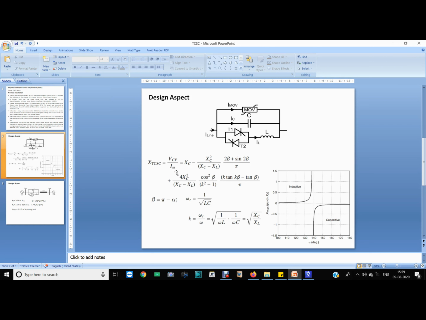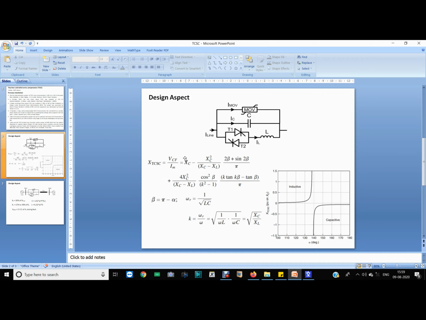And plus 4 XC square divided by XC minus XL into cos square beta divided by k square minus 1, where k equals root over XC by XL, into k tan k beta minus tan beta divided by pi. Now if we plot this X_TCSC in per unit value, take per unit value means X_TCSC divided by XC.